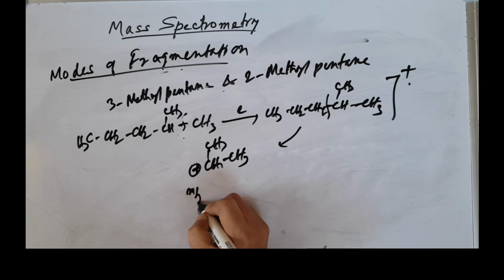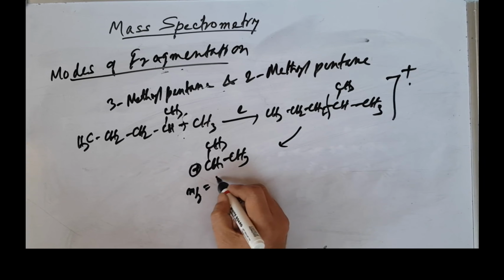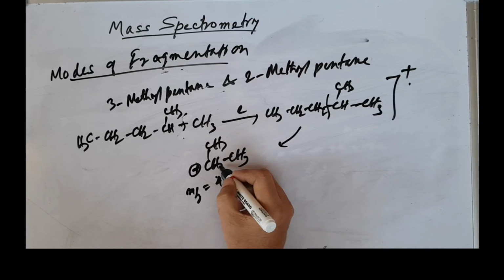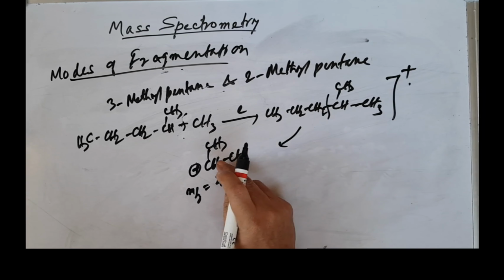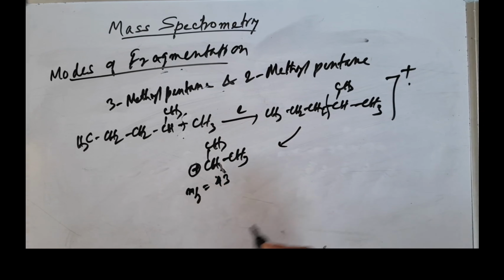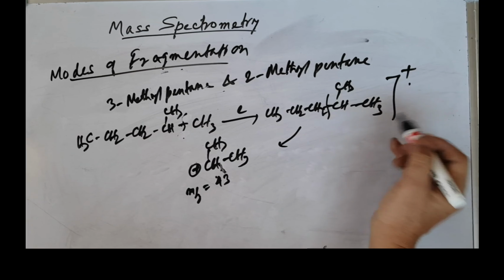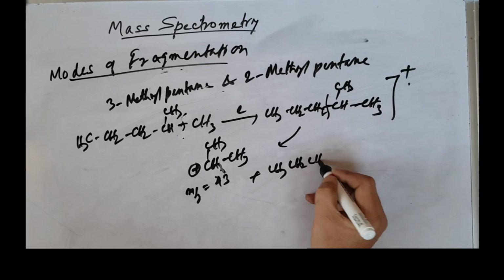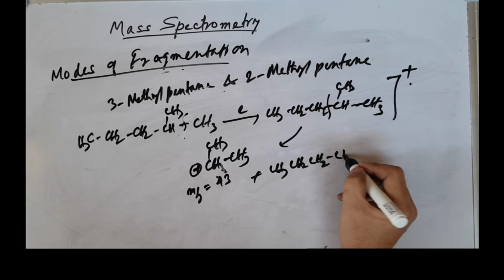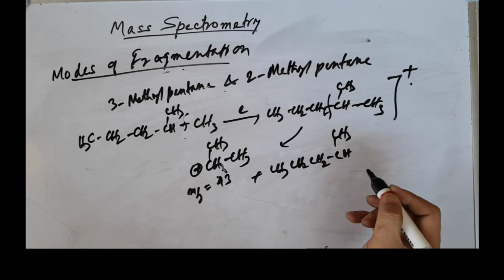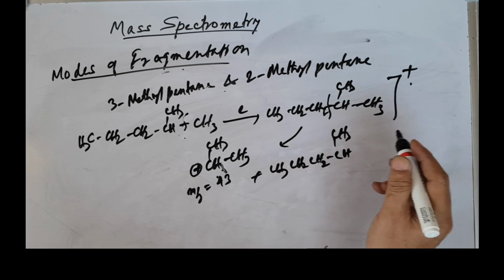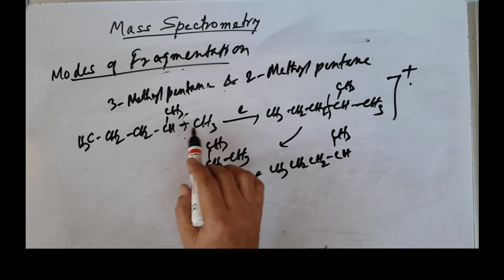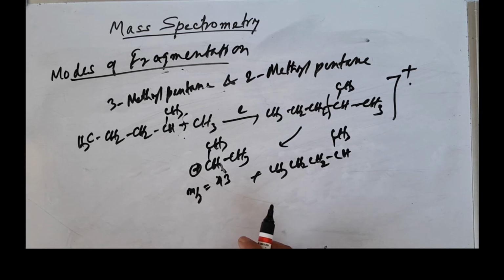So the m/z value is 43, that is 36 plus 7. Fragmentation can also take place here, so we get another fragment, CH3, CH2, CH2, CH, CH3. Counting 1, 2, 3, 4, 5, 6.